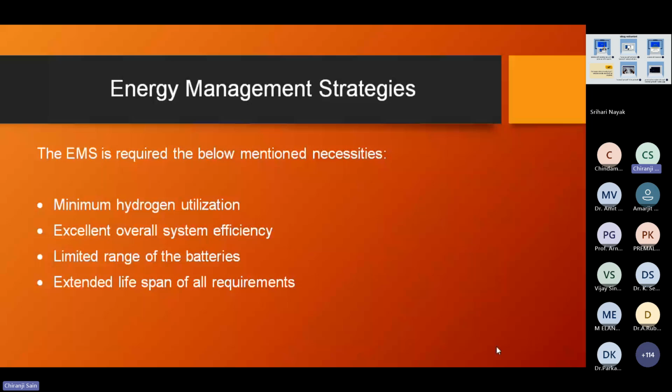So as a foundation concept, the energy management strategy is an important consideration in the case of hybrid electric vehicle configuration, because of this fuel cell technology as well as the battery technology, the combination of the energy storage components.